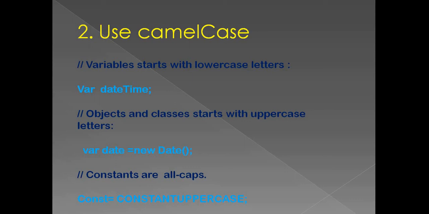The general rule is to start variable, function and method names with a lowercase letter, class and object names with a capitalized letter, and constants are typically all caps.